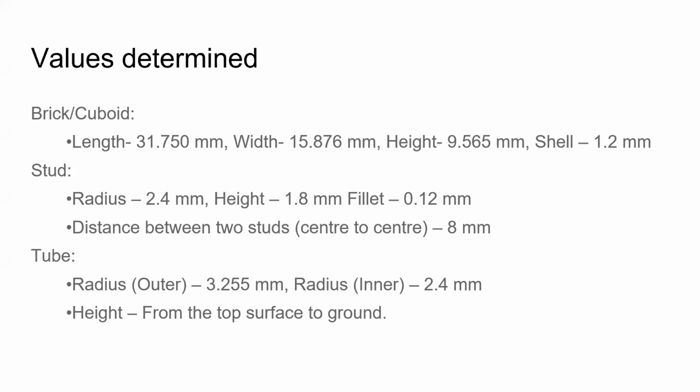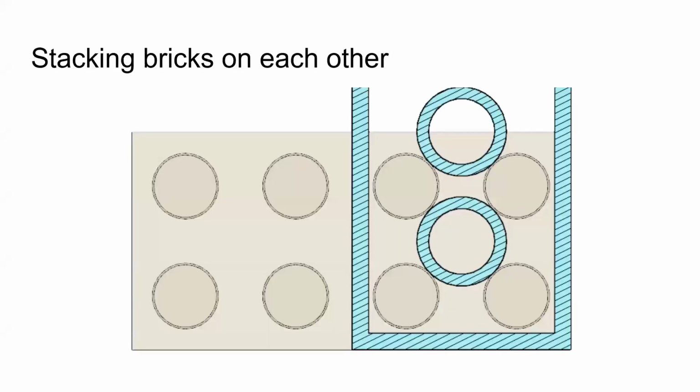Because we weren't sure about the structure and its validity, we decided to keep it varying until we find a proper validation to verify our proposed model. The stacking mechanism was used, as I explained before. The tube structure makes contact with the studs of the brick beneath, causing friction.